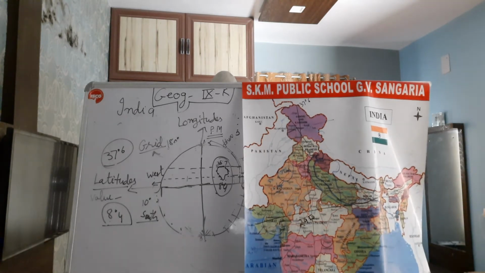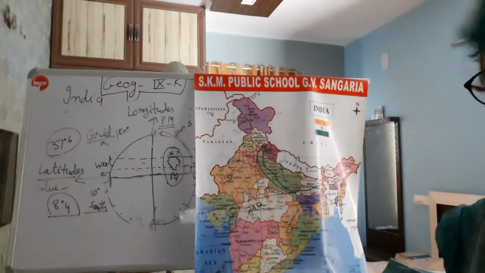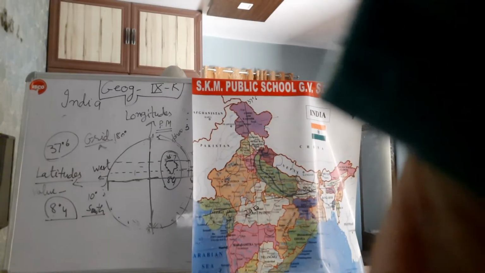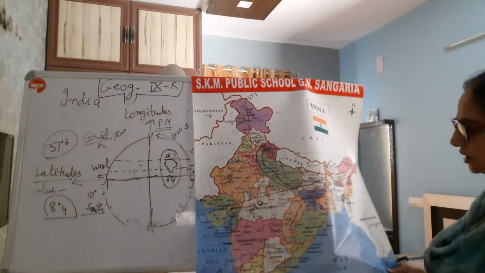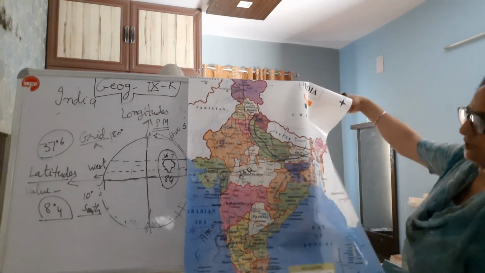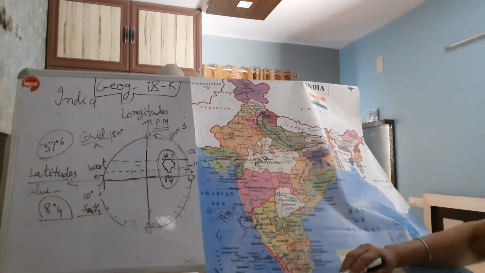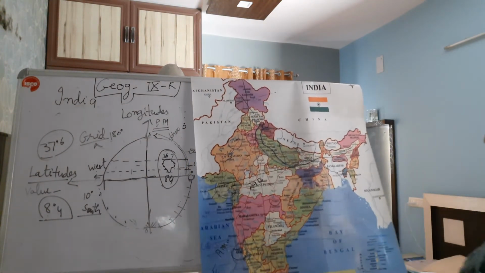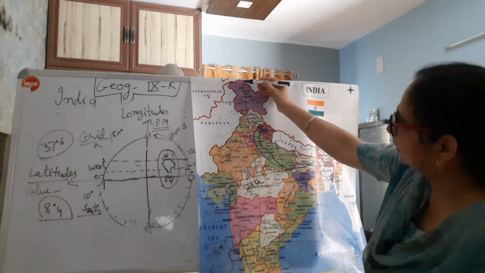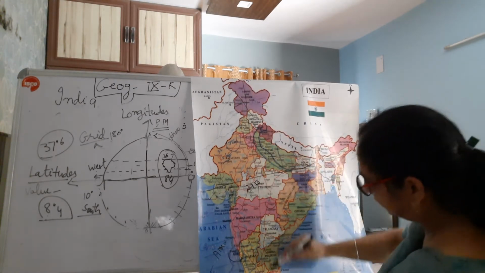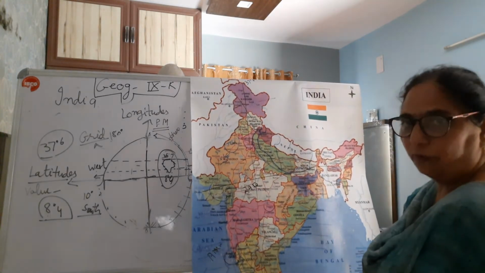8.4 degree. Wait a minute. Okay, it is also here, 8.4 degree. That is the southernmost tip of India. Southernmost tip of India, 8.4 degree is here. And in this way, I marked one line from here to here, from the northernmost tip to the southernmost tip of India.